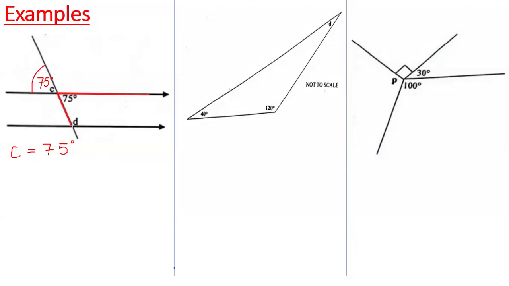Subtract 75 from 180. What's the reason? Because co-interior angles add up to 180. Very good. What shape do co-interior angles form? A C shape. Yeah, very good.